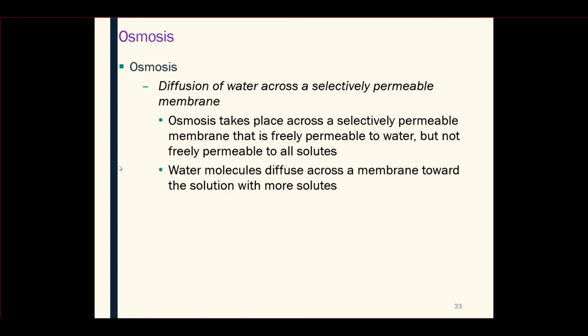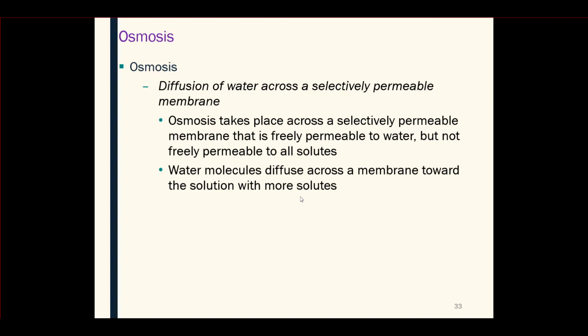As a general rule, guys, the water molecules are going to move across the membrane towards the solution with more solutes, right? So whatever side of the membrane has more dissolved substances, it's almost like a pulling force. The water is going to be pulled towards those solutes.